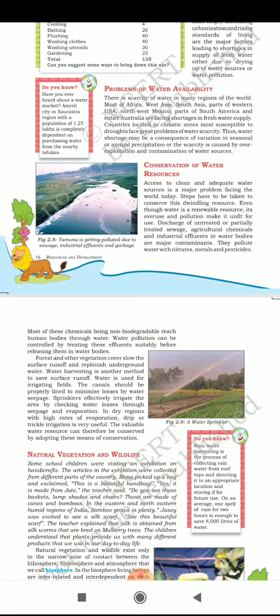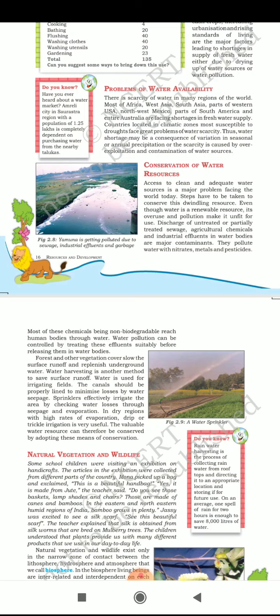The Worldwide Fund for Nature is an international organization to promote wildlife conservation. It is also known as WWF. What is the meaning of WWF? The Worldwide Fund for Nature.